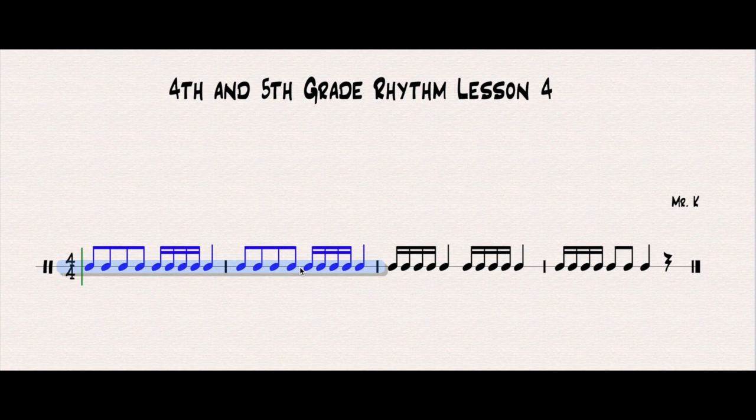Since it's the same as our second measure, let's work on those two together. Ready? And count. 1 and 2 and 3 and 4. 1 and 2 and 3 and 4. Ready?